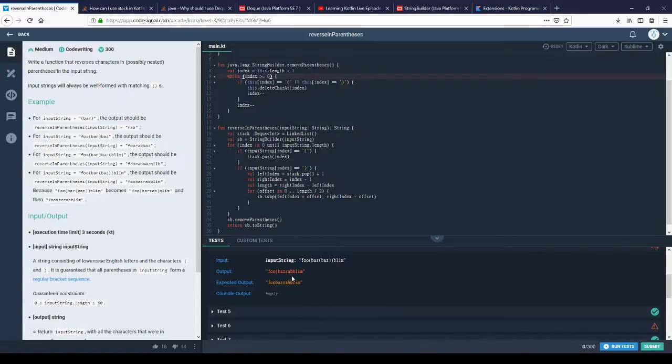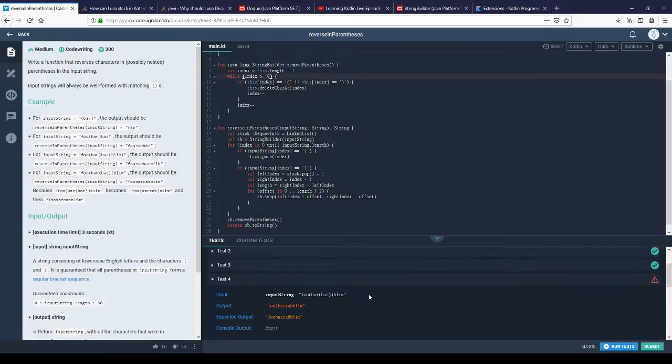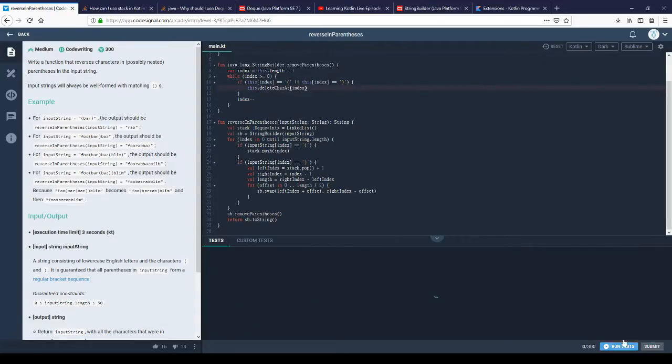Some problem here, huh? Push and pop. We remove this and we... okay, actually we don't need this index minus, probably.